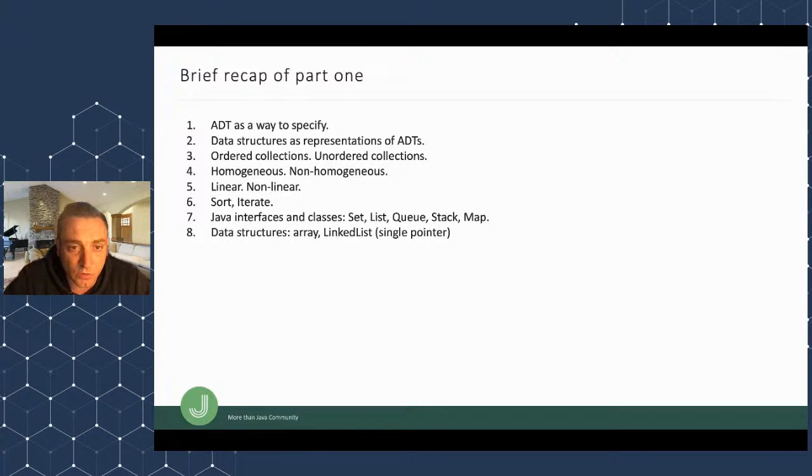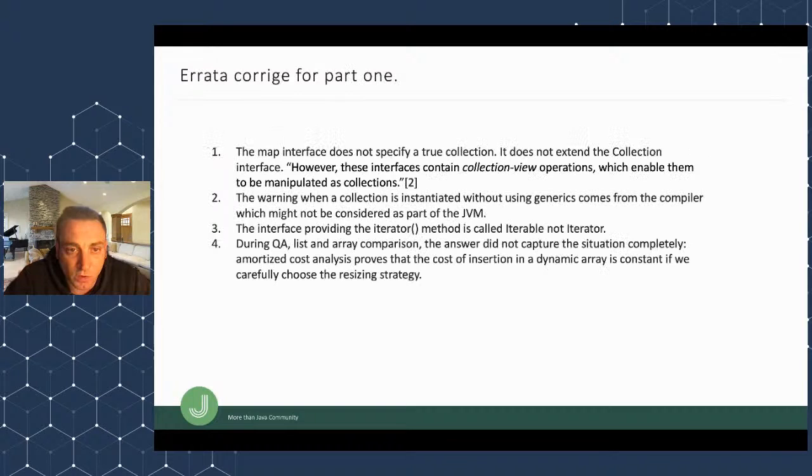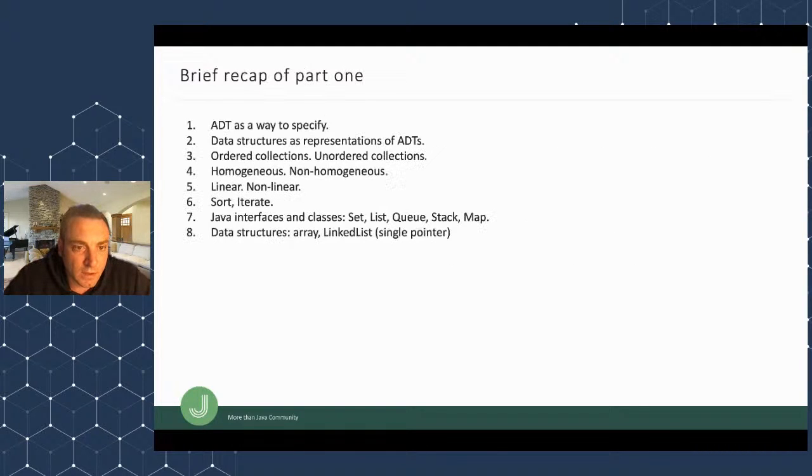And today we are going to discuss their implementation or example implementation. We also talked about some concrete data structures like arrays and linked lists in a single pointer fashion.